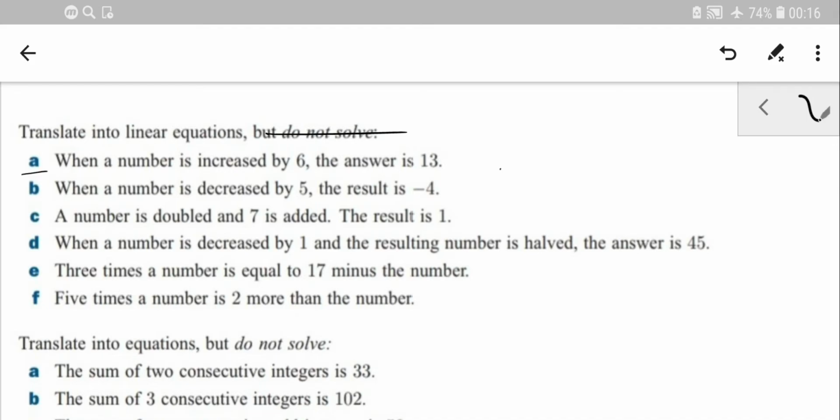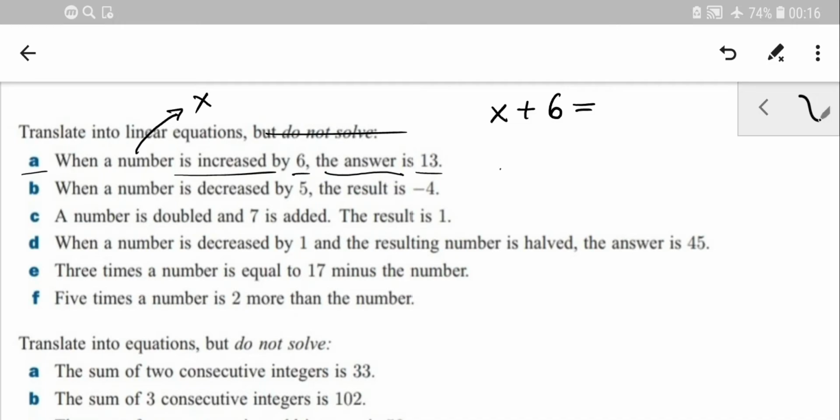In this case, the number indicates the unknown, so that's why we can say let the number be x. So your number is just x. The number is increased by 6, and the answer is a certain value. We arrived at the result because we heard "the answer is" as the key phrase.